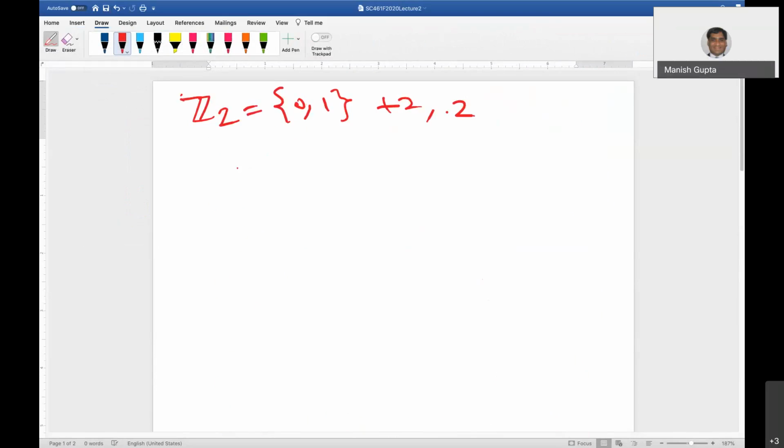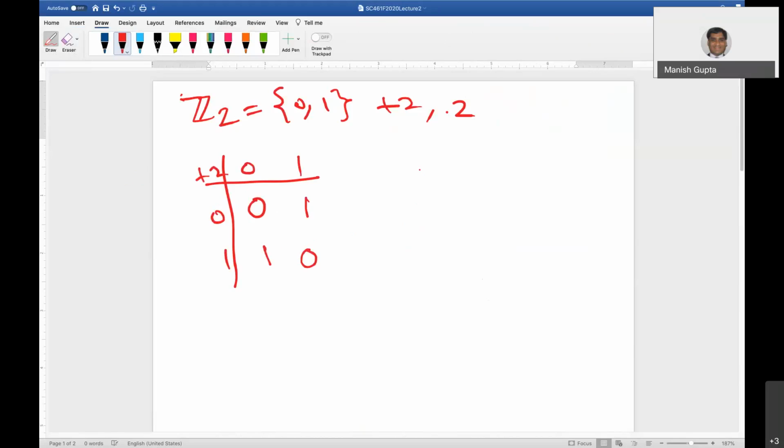I am going to start by making the table for plus 2, with 0, 1 along the top and side. 0 plus 0 is 0. 0 plus 1 is 1. 1 plus 0 is 1. And 1 plus 1 is 2. 2 modulo 2 is 0. So 1 plus 1 is 0.